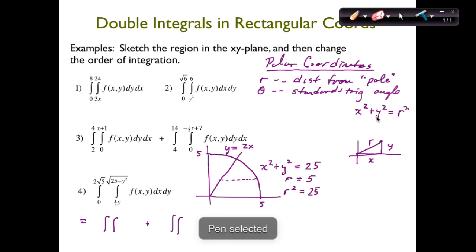So if you have x and y and you want r, what about if you have r and theta and you want x or y? Remember, this is our angle theta, our standard trig angle. So what is x in terms of r and theta?